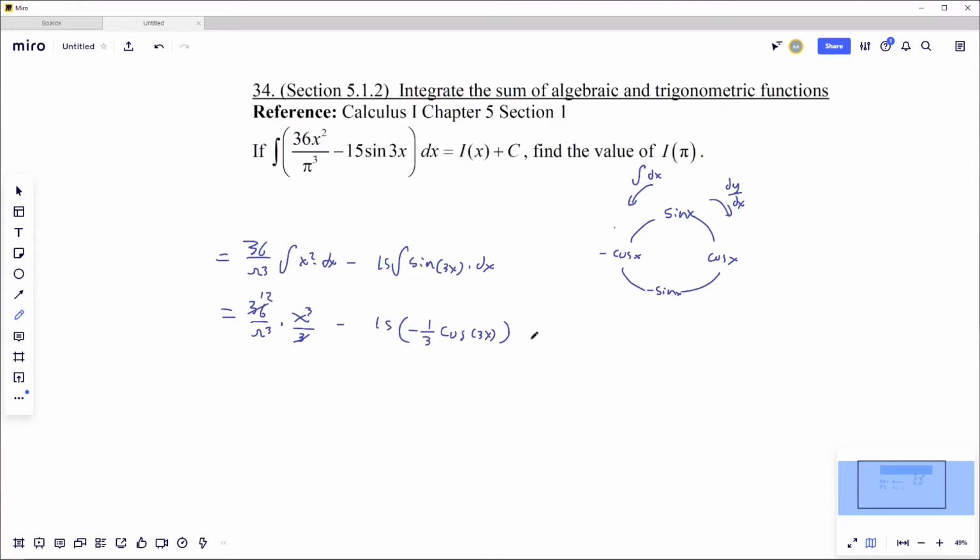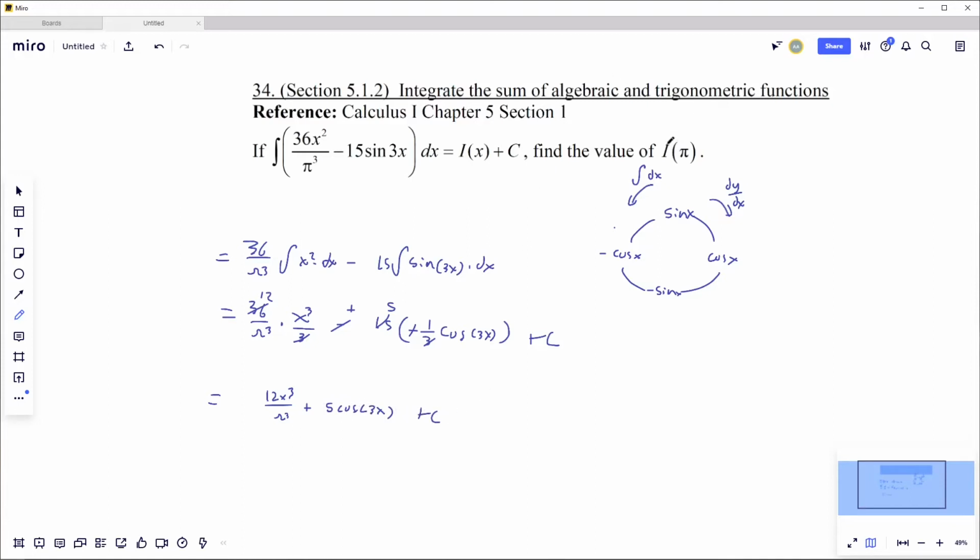And in this case, you have plus c because both of them are indefinite integrals. So we said here 12, and then 3 with this 5, minus with minus cancels. Well, technically, you get a plus. So 12 x cubed over pi cubed plus 5 cosine 3x plus c.